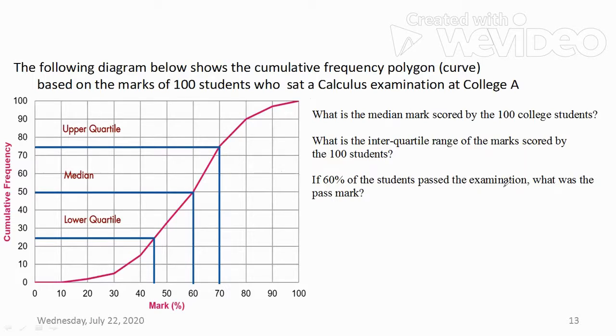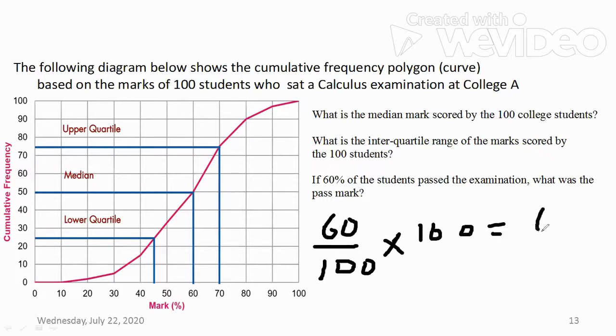So what we're going to do, we're going to find 60% of the 100 students, and 60% of 100 is actually 60. Now you might think that this 60 represents the number of students who pass, but that is not so.